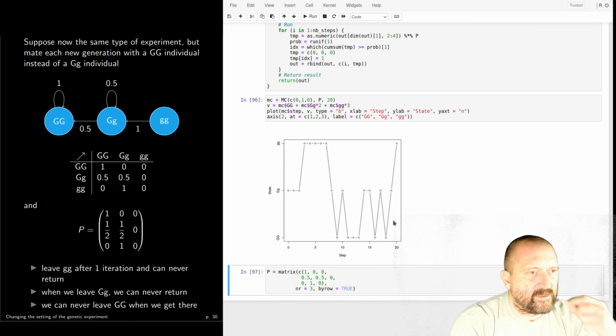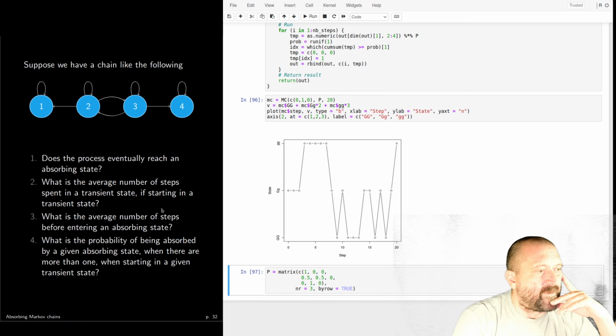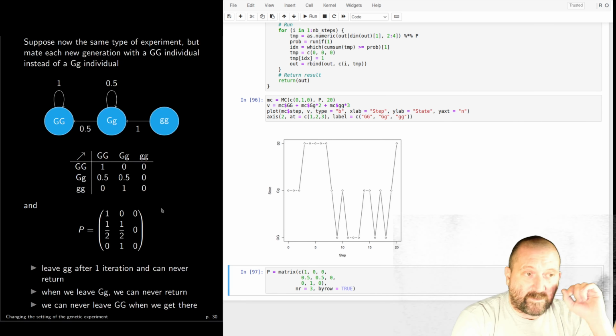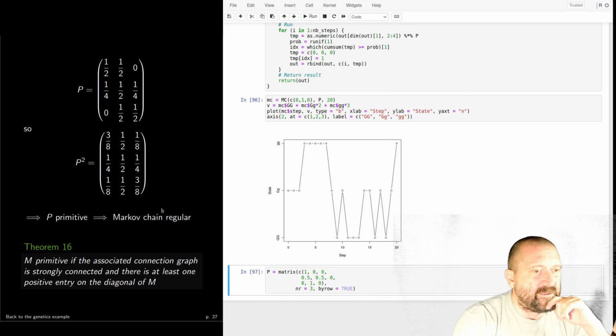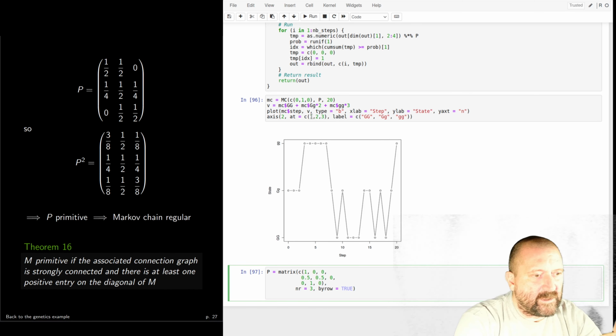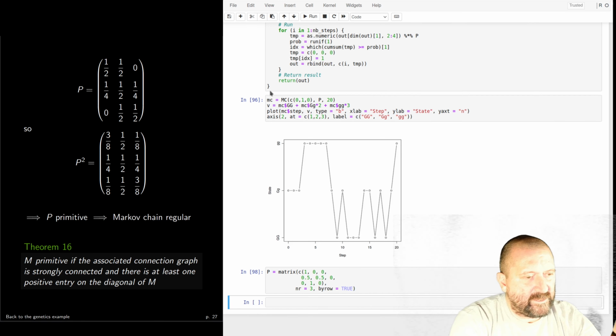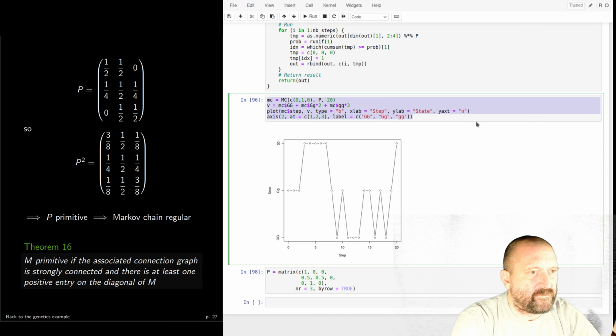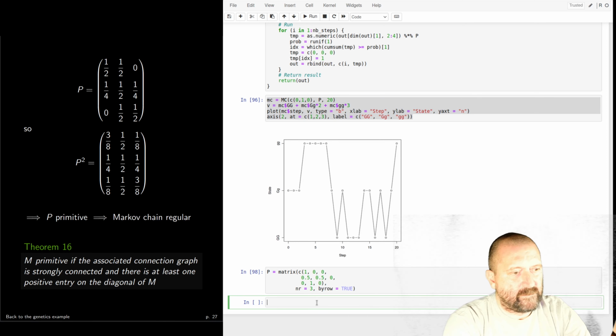Okay, well, just out of curiosity, remember that what happens here is that we are going to be absorbed. Let me do this B here, and I'll do the same thing as I did before.